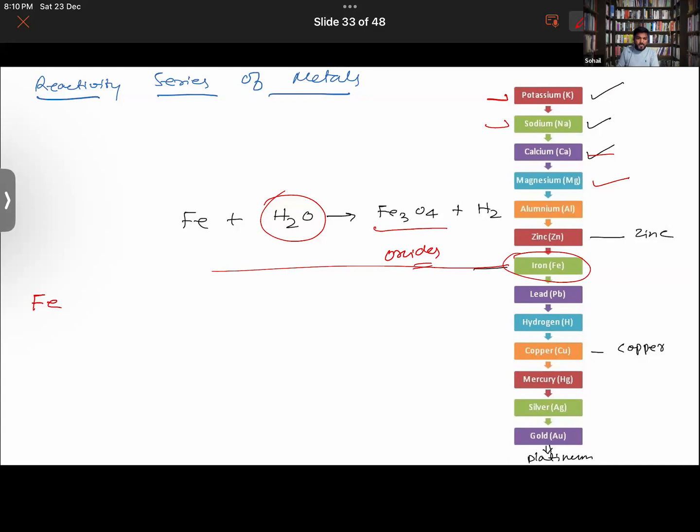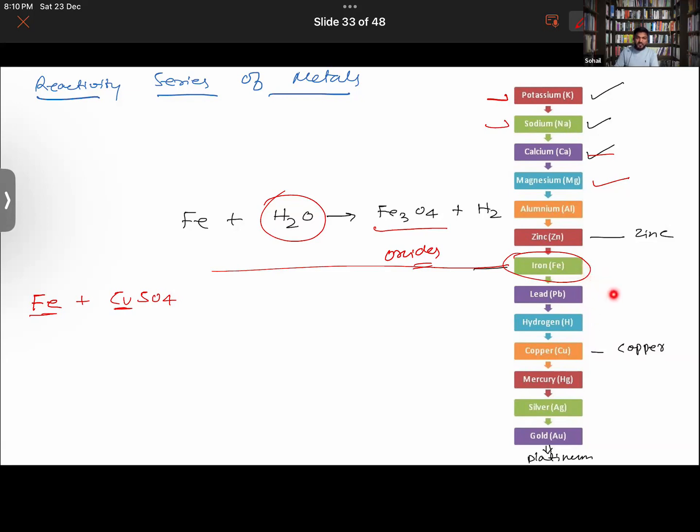You have taken iron. And let's take a compound where copper is present. For example, CuSO4, हमने एक compound लिया. यहाँ पर copper metal present है. Now you guys tell me. First, Moz, you tell me. Iron is here and copper is here. So which one should be more reactive?